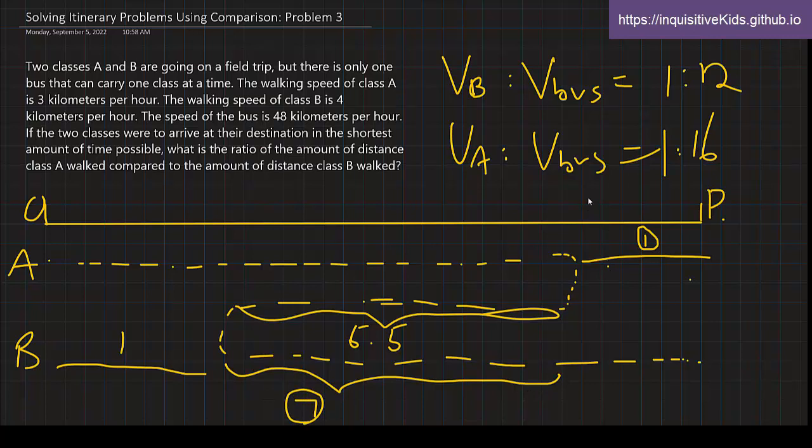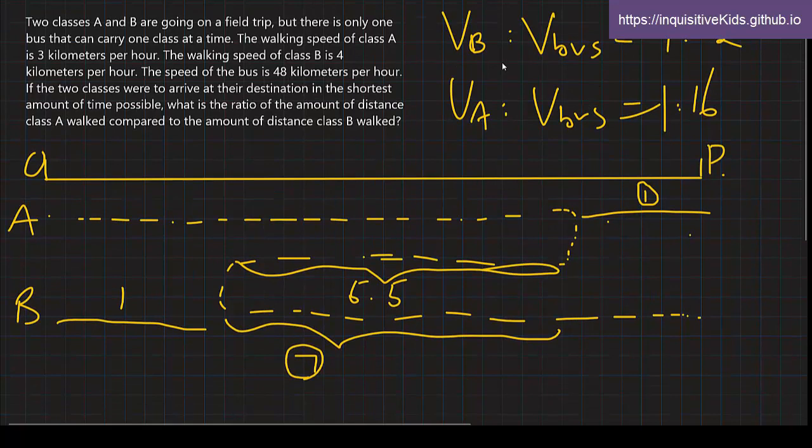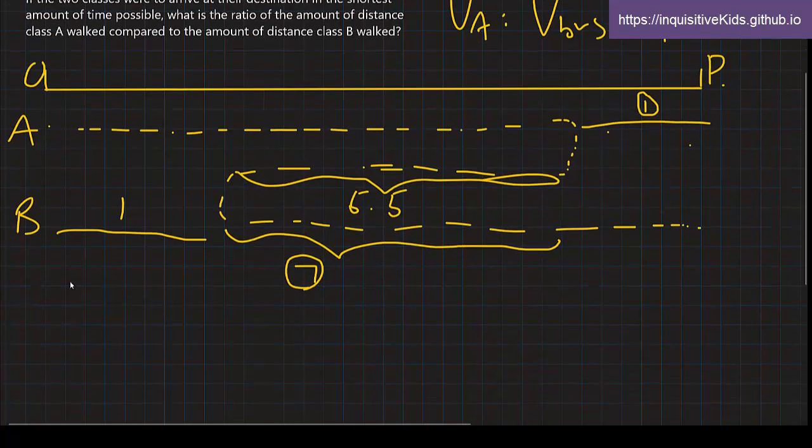Now that we know the ratios of the velocity of B to the velocity of the bus and the velocity of A to the velocity of the bus, which are 1 to 12 and 1 to 16, we can find the ratio between the speeds of A and B, and their distance, of course. So here, B is 1/11.